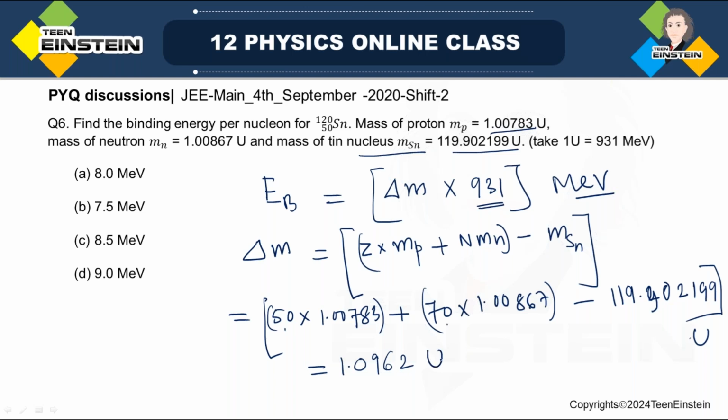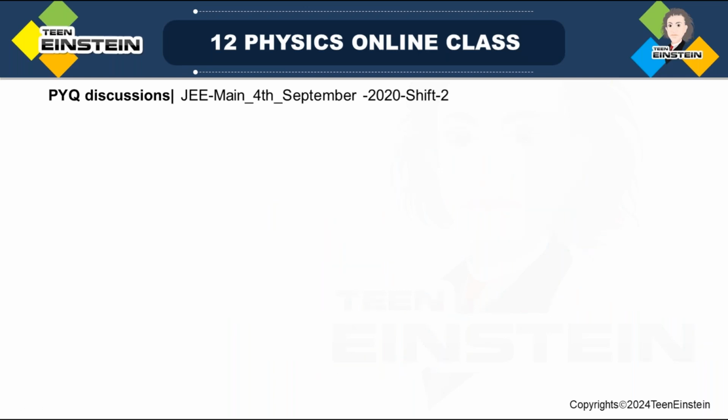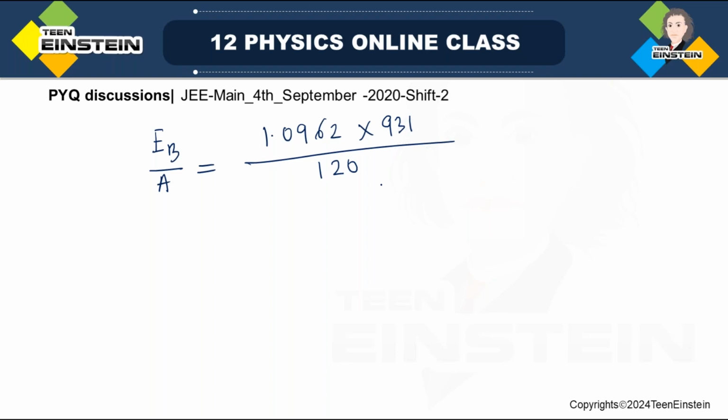So this will be in atomic mass unit U, and if you want to find out the binding energy per nucleon, then you have to multiply this 1.0962 with 931 divided by 120. So this will give you approximately 8.5 MeV. Okay, this is just a matter of calculation.